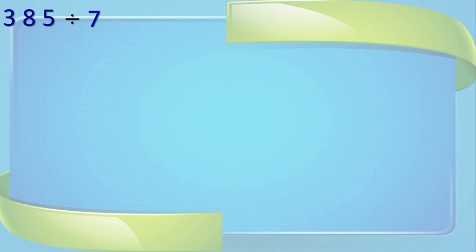385 divided by 7. See here the place values. 5 is in the unit place with place value 5. 8 is in the tens place, the place value is 80. And 3 is in the hundreds place and the place value is 300.